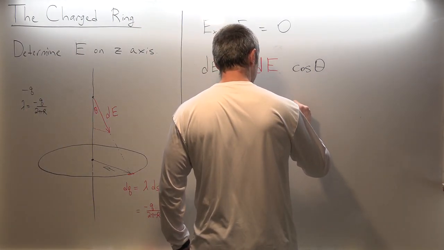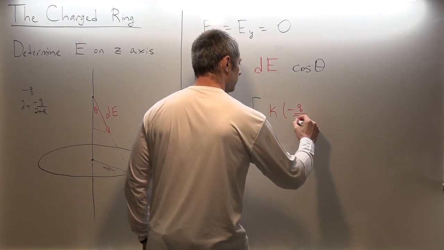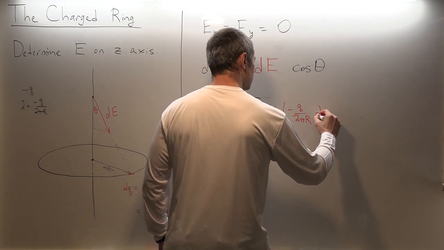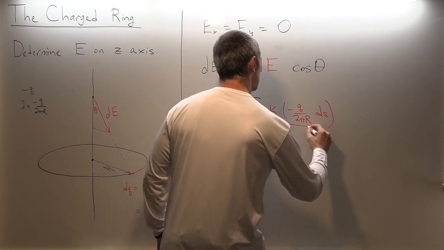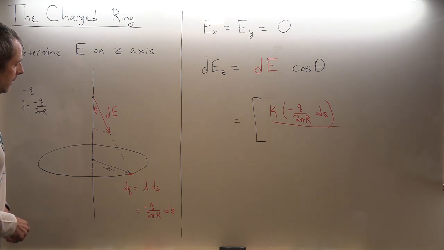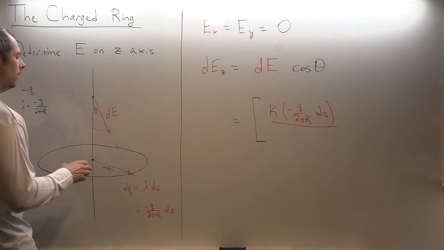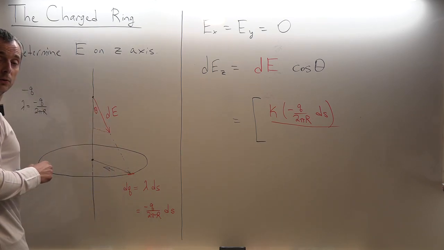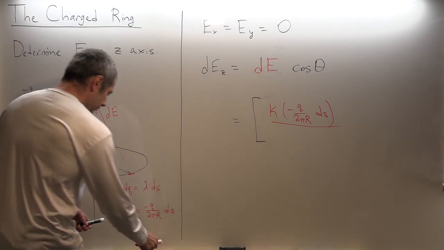So let me fill that in, minus q. Now, what's the radius? The radius is not the radius of the ring. The radius in kq over r squared is how far away the charge is from the point where the electric field is being studied. That's this, which is basically a hypotenuse.